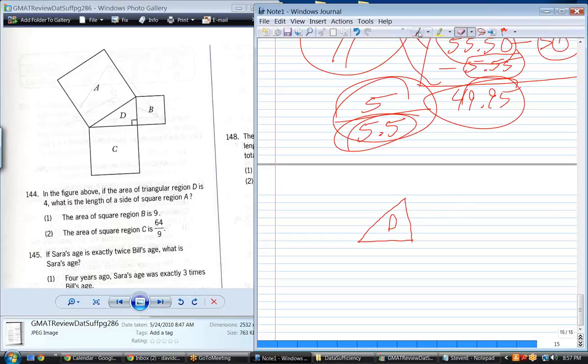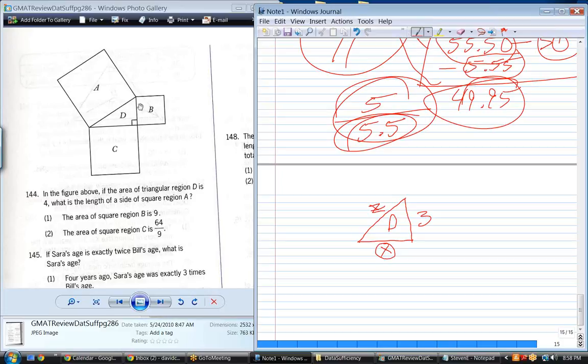So if we know that that's 3, and we know that the area of that is 4, that means I can solve for x. And if I can put a number on x, I can put a number on z, because it's a right triangle. Once I can put a number on z, I know the area of region A, because this is z. It would be z squared.